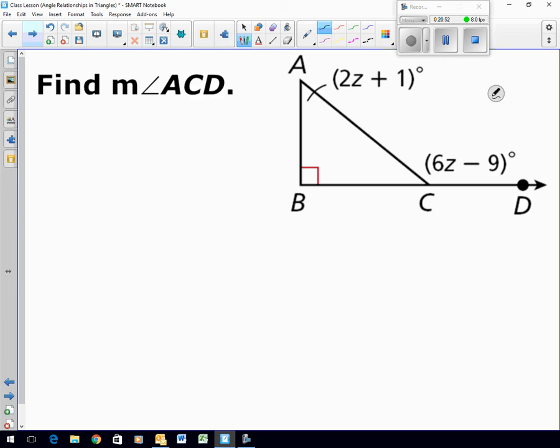What is angle 1 here? That's 90 degrees. Sum means what? Angle 2 up here is 2z plus 1. What is angle 4 out there? Okay, y'all see what I just did there?